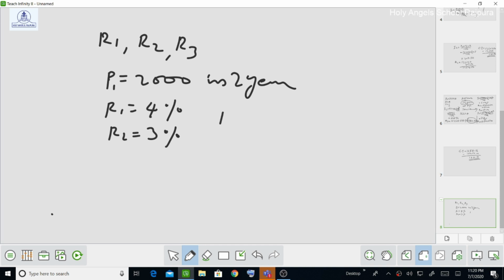Now I1, interest for the first year, is equal to P1 into R1 into T1 upon 100, 2000 into 4 into 1 upon 100. 0, 0 cancel, that is equal to 80. 80 is the interest, I1.